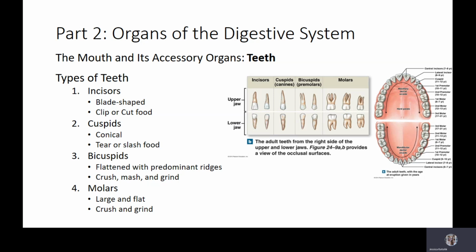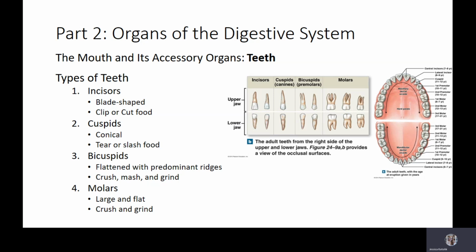So they're going to help the molars do their job. The molars are the most posterior teeth that we have, and their job is primarily to crush and grind food.